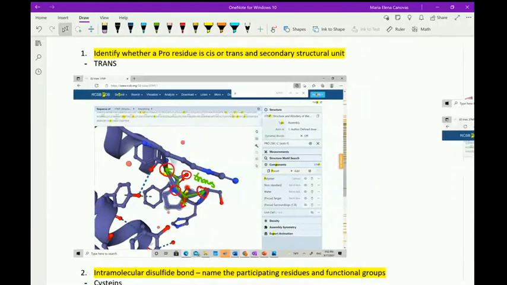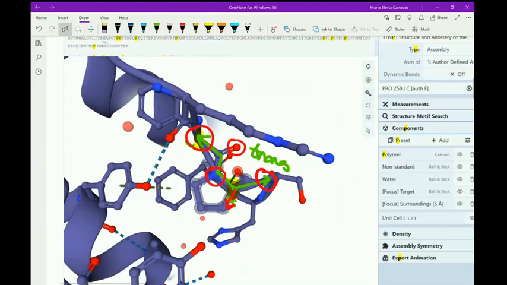The first feature that I chose is the proline residues, whether cis or trans. Here I looked for a proline. As you can see, we have to look at these alpha carbons that I am highlighting, here and here. Directed as seen by the green arrows, these are in opposite directions, so it is a trans proline.